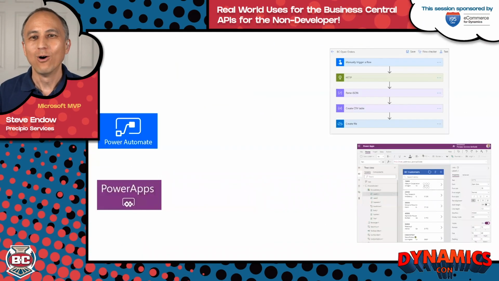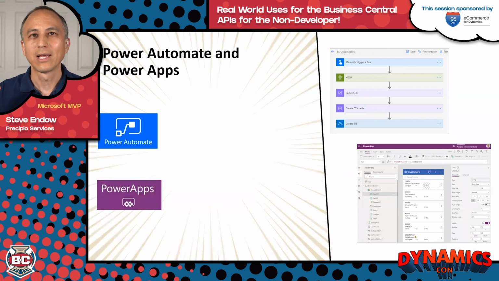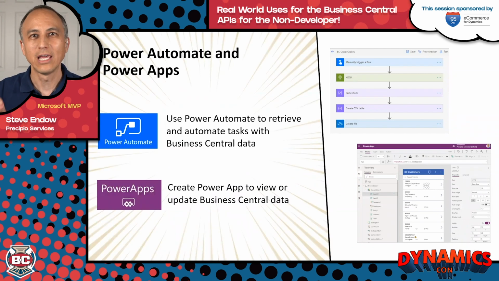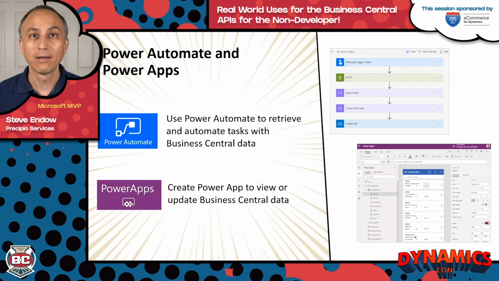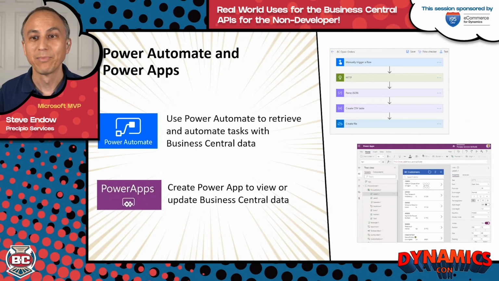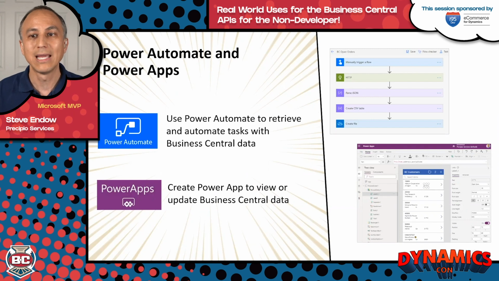And now I would like to talk about how you can use Business Central APIs in Power Automate and Power Apps. And if you haven't heard of them before, Power Automate is a tool that allows you to automatically retrieve and automate tasks using Business Central data.